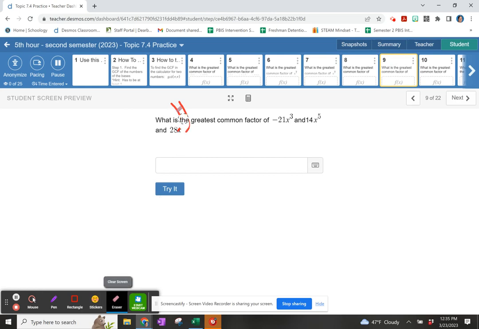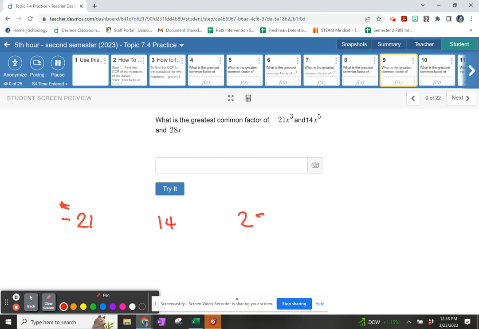Now, slide 9, this is where some of you were confused, but you have to remember the first term is negative. So there are my coefficients, and here are my x's. Now, if you do the GCD, or GCF rather, the calculator is going to say 7.